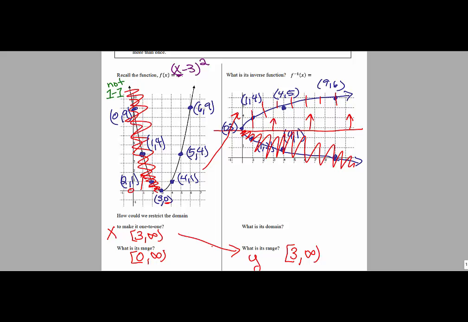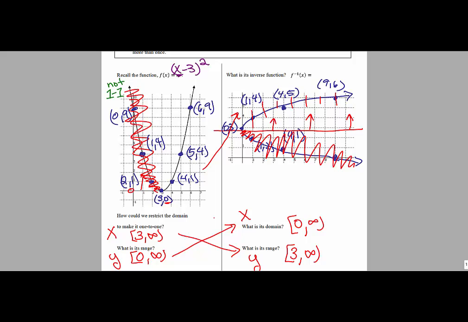The whole idea of inverse is that domain and ranges, or x and y values, switch places. The range should become the domain of the inverse. So when I look at the domain, what are the x values? Well, the x values start at 0 and then go toward the right forever. So the y values of the original function become the x values of the inverse function.